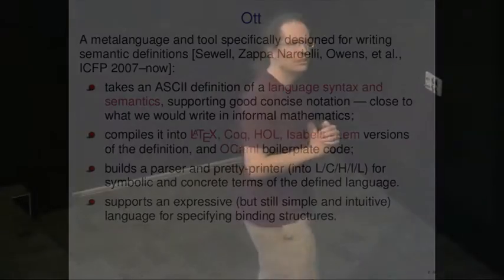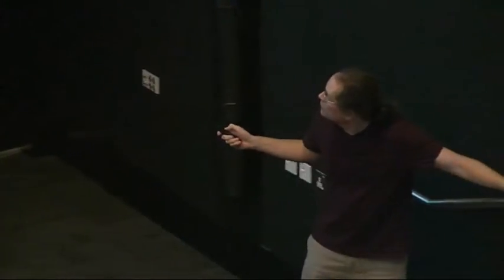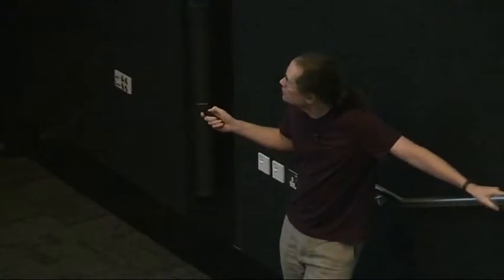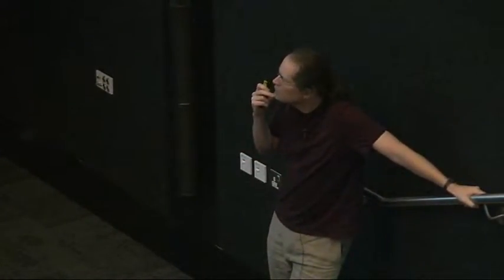So here is a very straightforward thing that Francesco Zappa Nardelli and I embarked on, and later Scott Owens and some other people joined us: to build a very ad hoc tool to help us do the kind of semantics that we normally did.